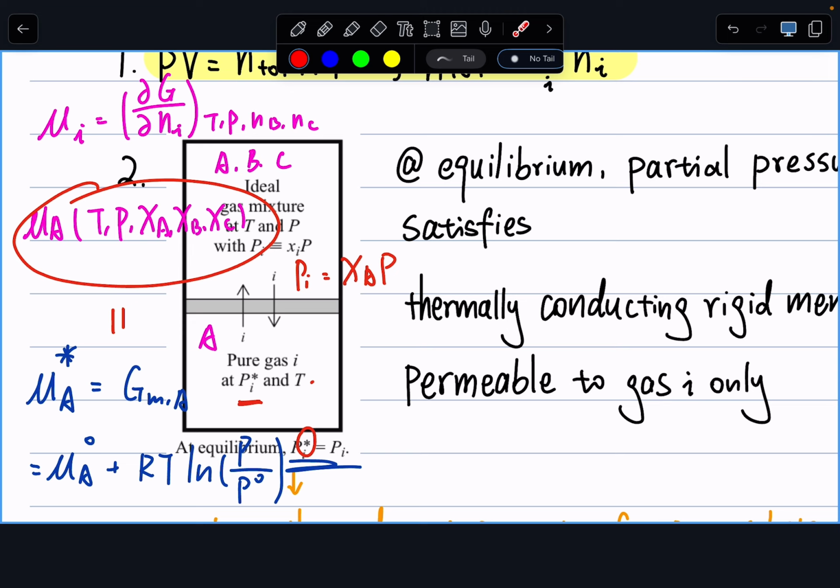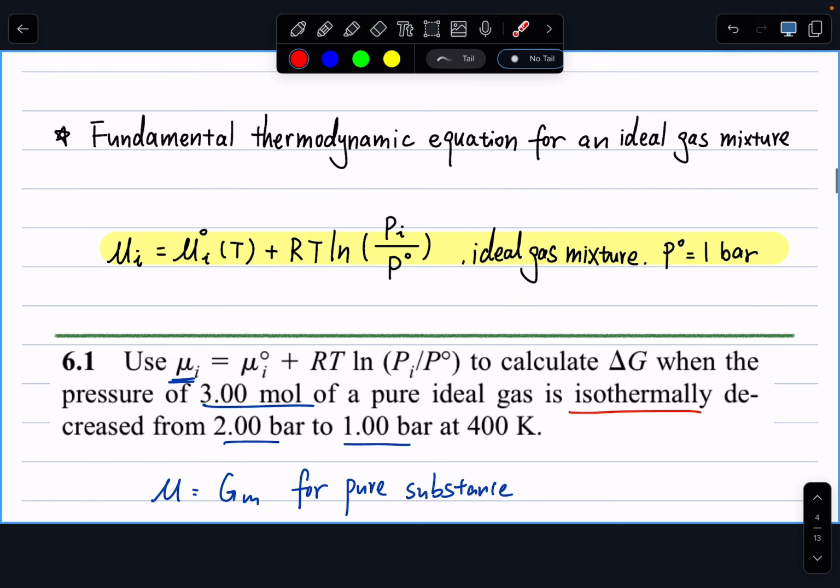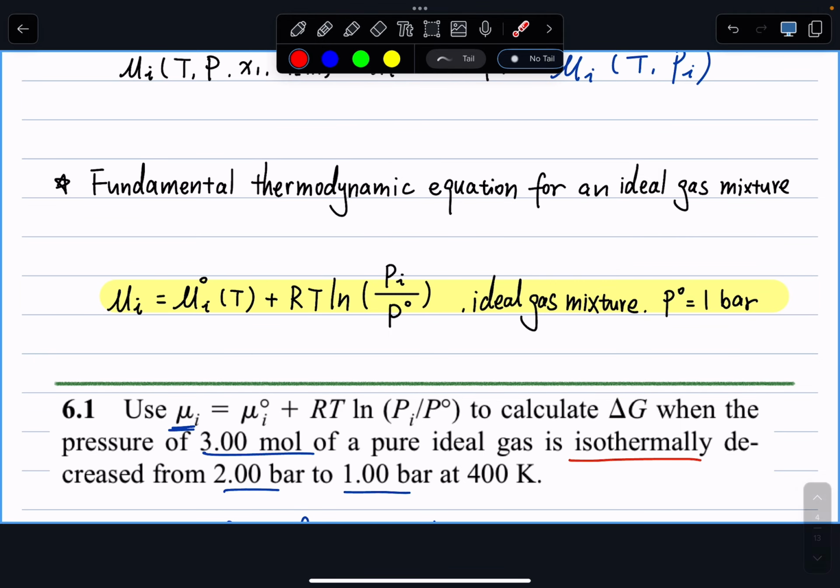Because they are in material equilibrium, their chemical potentials must be equal. So we have a way to describe the chemical potential of one of the species inside that ideal gas mixture. At the end of our last lecture, we arrived at our fundamental thermodynamic equation of an ideal gas mixture.